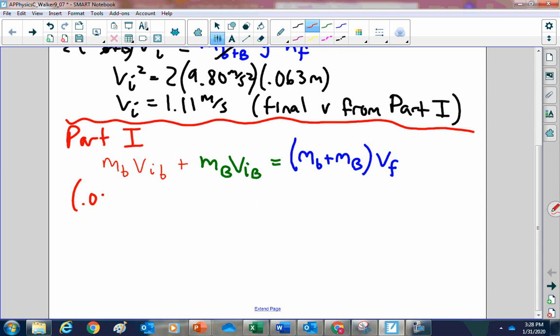The block's zero velocity is just hanging there, and then the combined mass, if I put all that together, the block was 5.4 plus the bullet, I'm just checking my math here, 5.8.